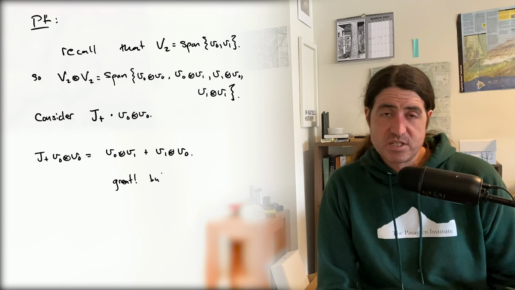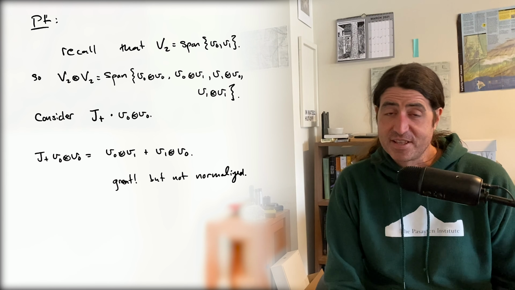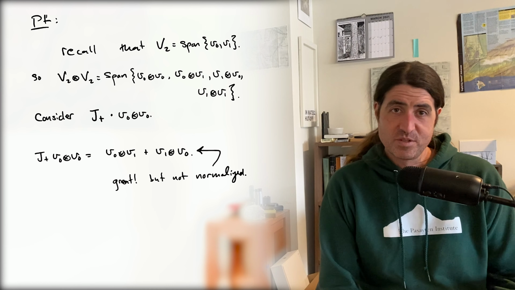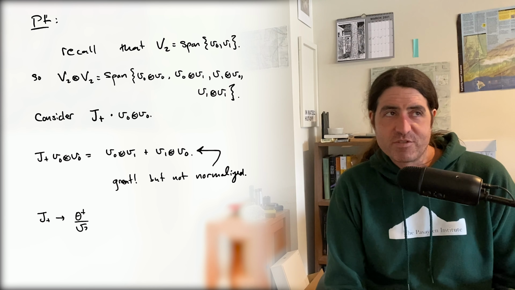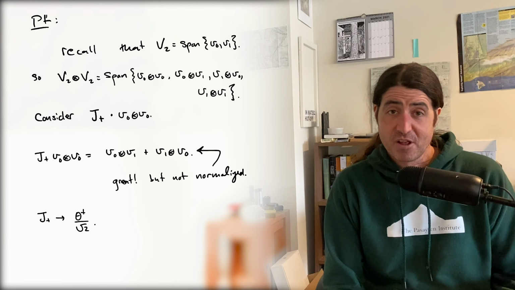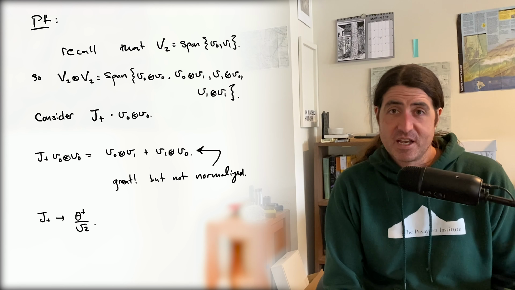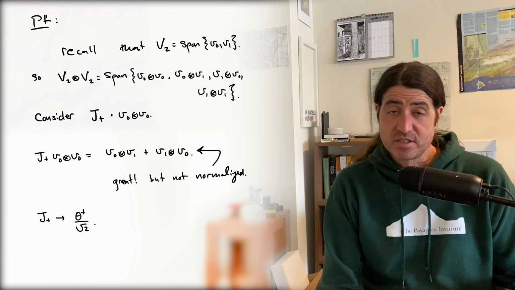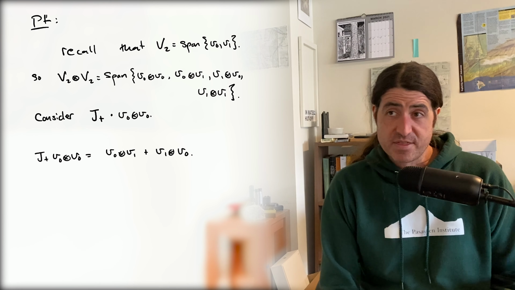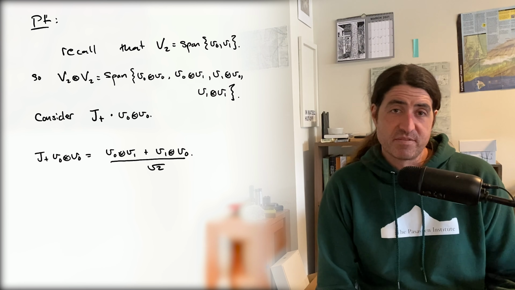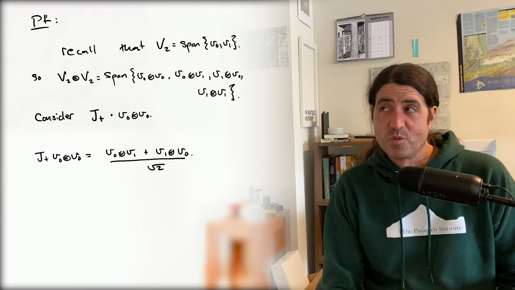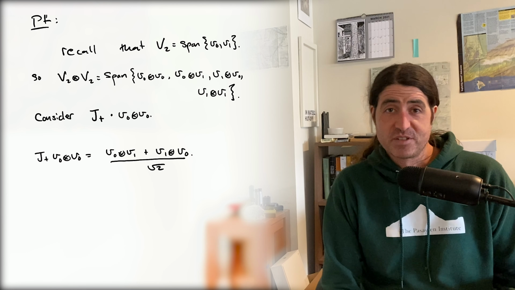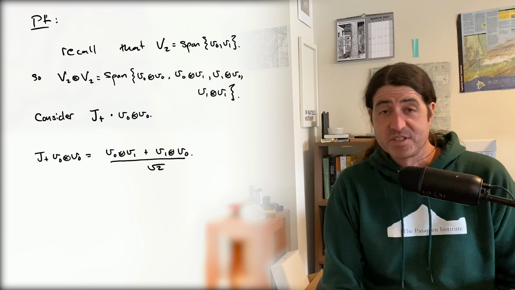Now, since V0 and V1 are normalized, it's clear that the action of J plus on V0 times V0 is not normalized. So we can fix that by rescaling the operator J plus on this tensor product space by 1 over the square root of 2 times J plus. So from that perspective, now we see that J plus acting on V0 times V0 gives us 1 over the square root of 2 times V0 times V1 plus V1 times V0.